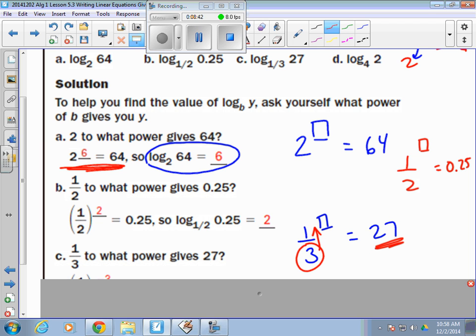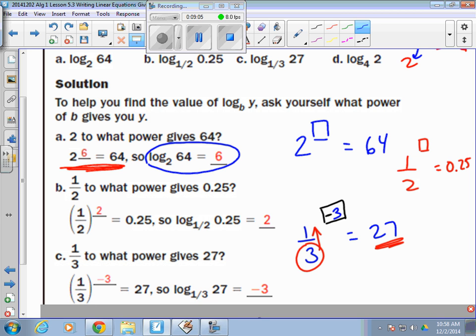How do we make something go up? It's got to be a positive or negative? It's got to be negative to make it go up. So right away, it's going to be a negative exponent. Then ask yourself, 3 to what power is 27? We know 3 times 3 is 9. Times 3 more is going to be 27. So it'll be to the negative third power for that one.